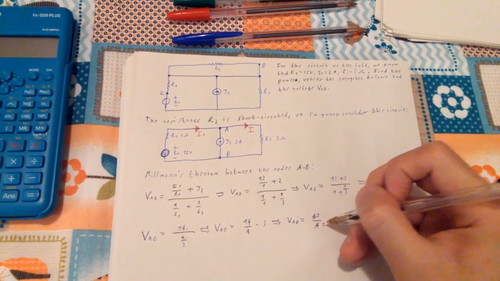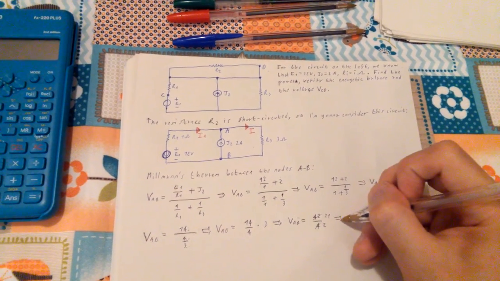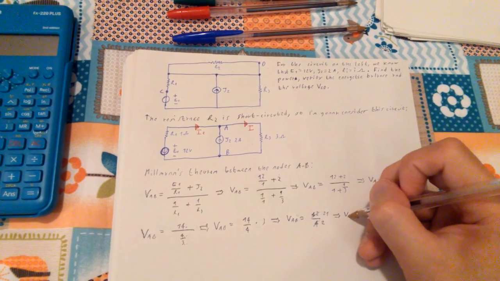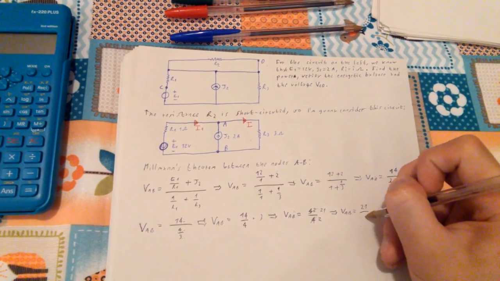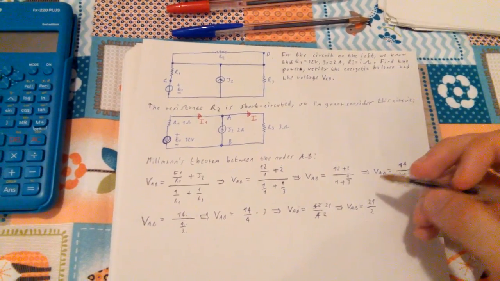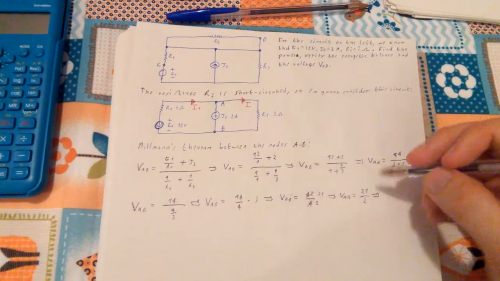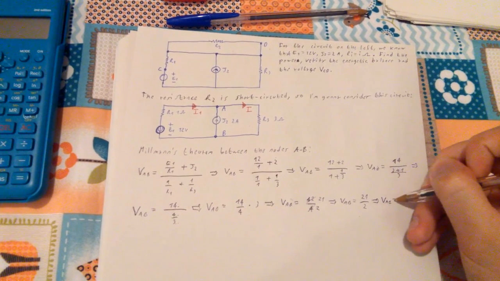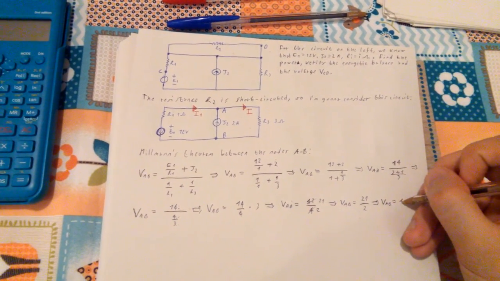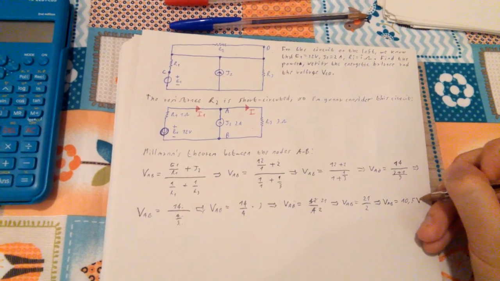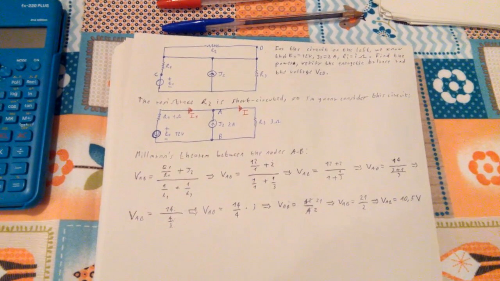This becomes a 2, this becomes a 21. So VAB will actually be 21 over 2. But I don't like fractions in this case because we're in circuit analysis, so I'm gonna write this as 10.5 volt, of course.